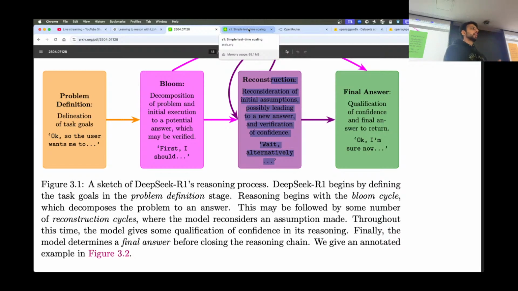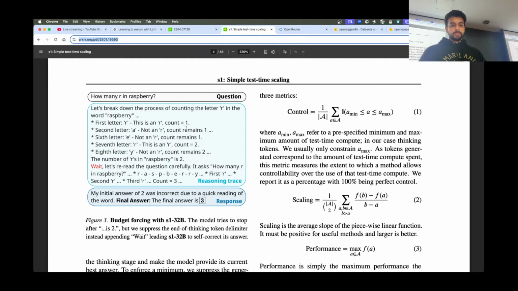So if I'm somewhere in the decoding process and I'm sampling a new token, instead of sampling from the distribution or sampling the most probable token like we would do in greedy decoding, what if I just force the model to produce the word "wait," comma, during the generation process? So this paper is called S1, Simple Test Time Scaling.